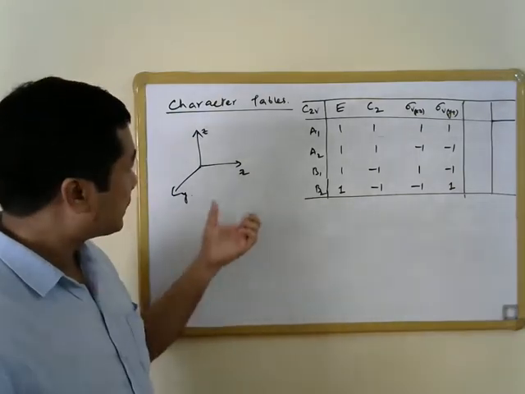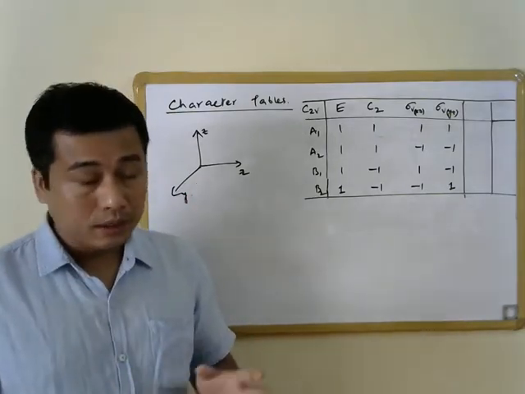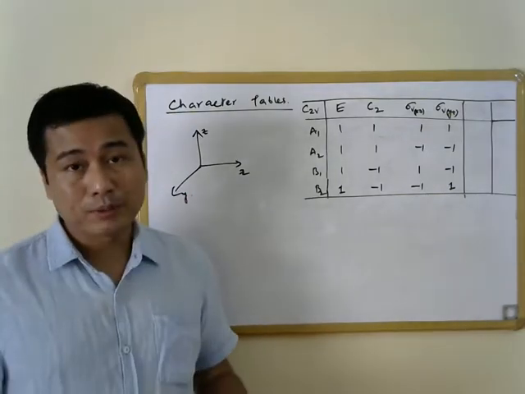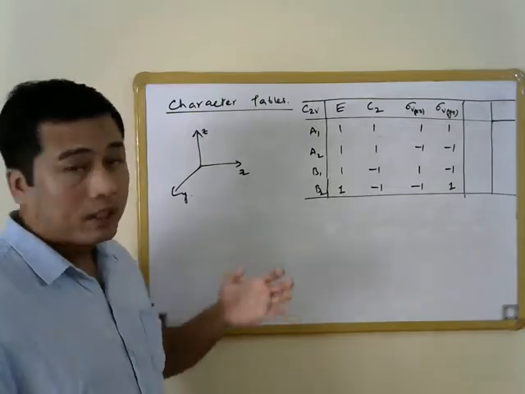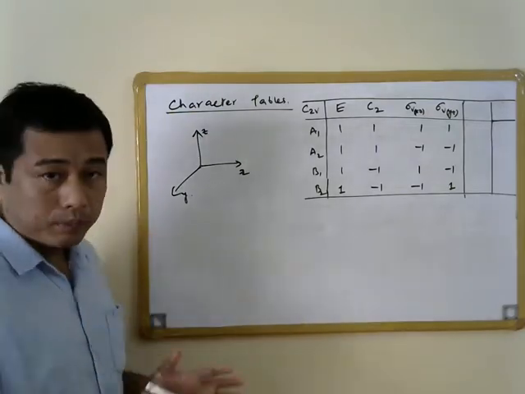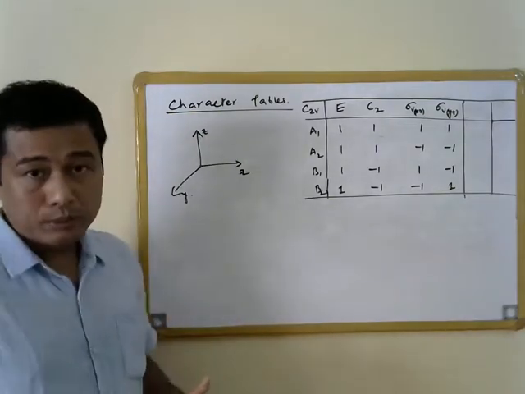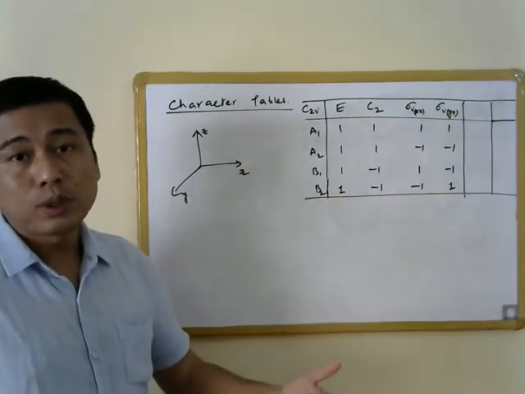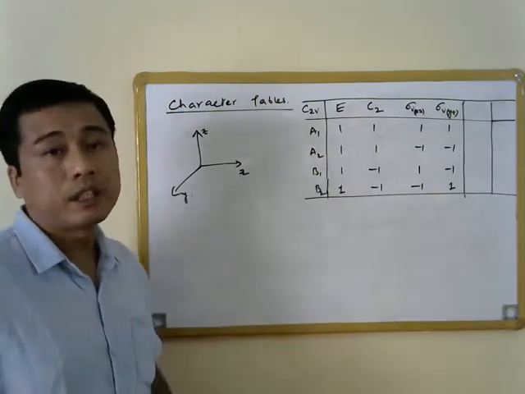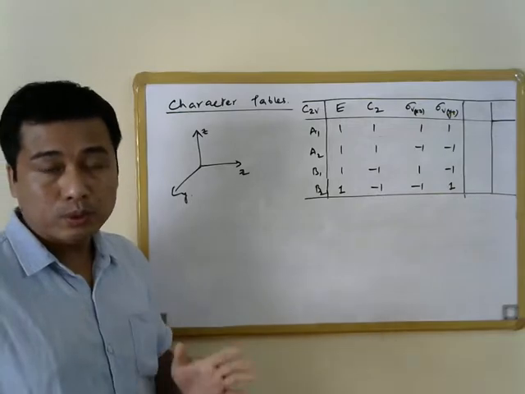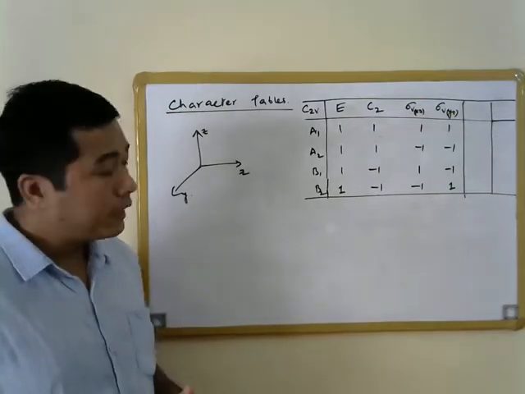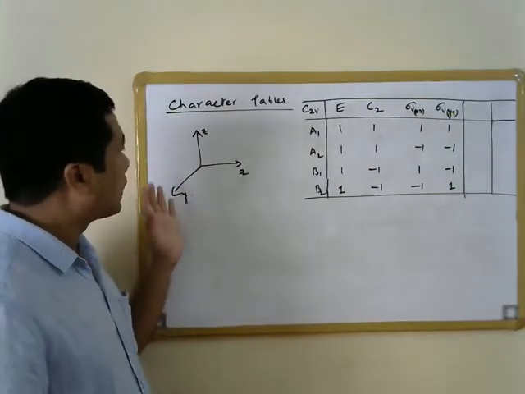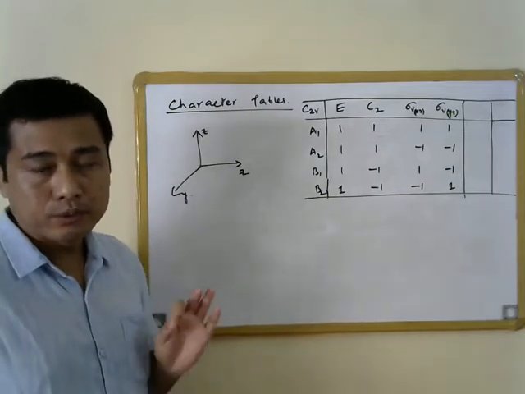Otherwise, if x and y, or x and z, are not separable, they would transform as a two-dimensional representation, which is absent in the C2v point group. So we know beforehand that all of these coordinates are separable from each other.